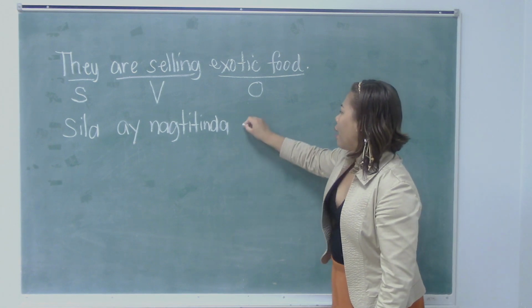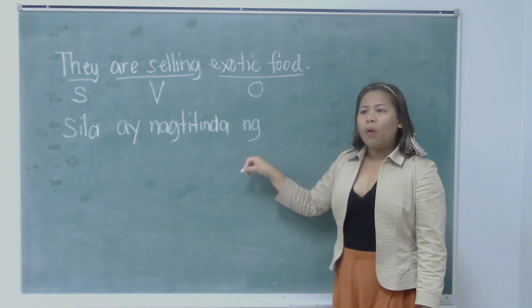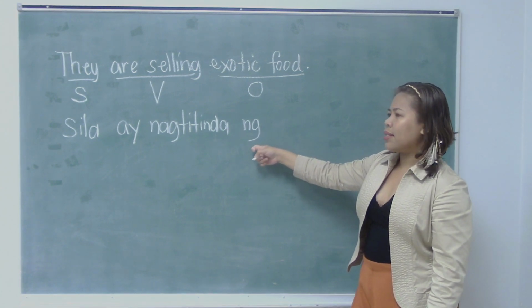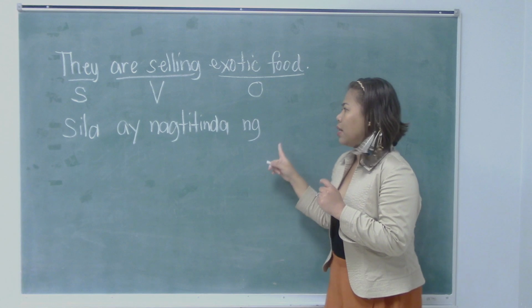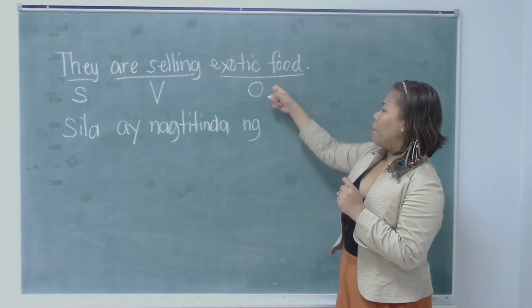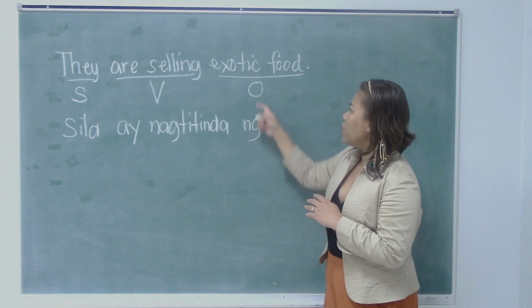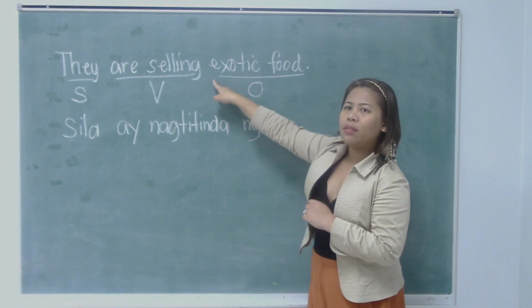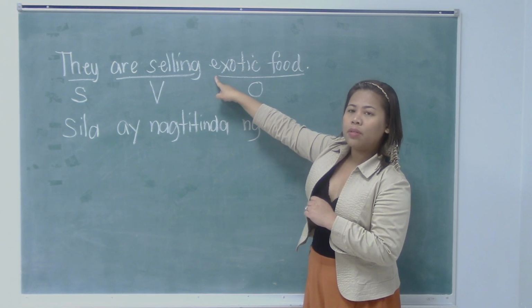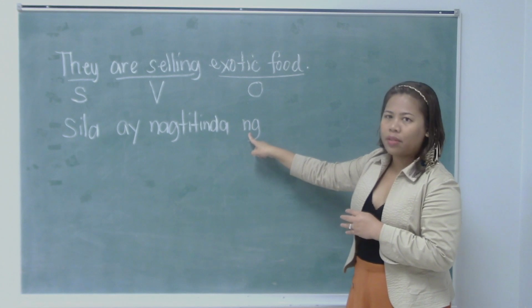But we need to add this word because in Filipino, we always have this one, it functions like a preposition actually in Filipino. But it's not really a preposition because when you translate this sentence from English to Filipino, in English, we don't use a preposition here, but in Filipino, we need to add this one.